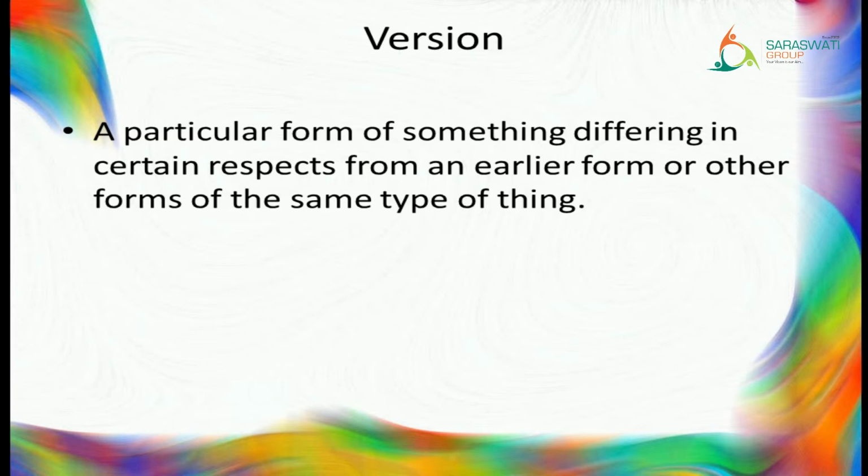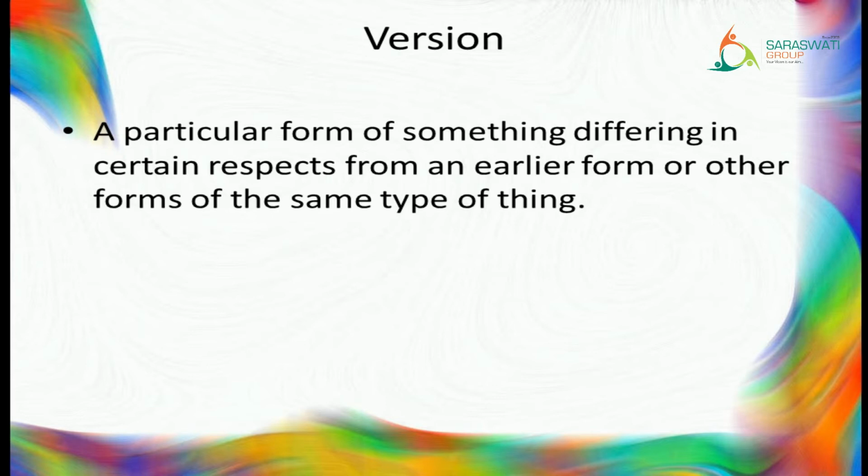That means certain forms of this program will differ from the previous program. Certain features are there in the paint 3D, but certain features were not there in the paint program. So this version of a paint program is the new one, right? So it is known as the new version.